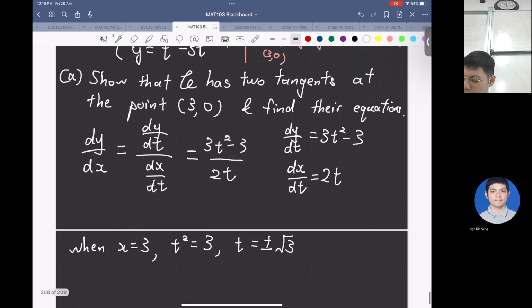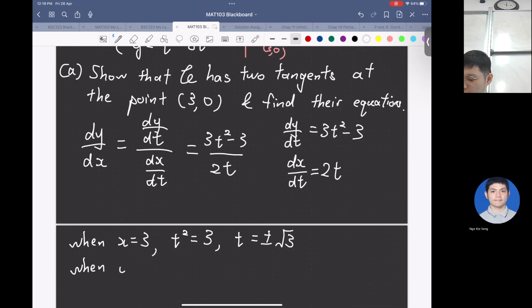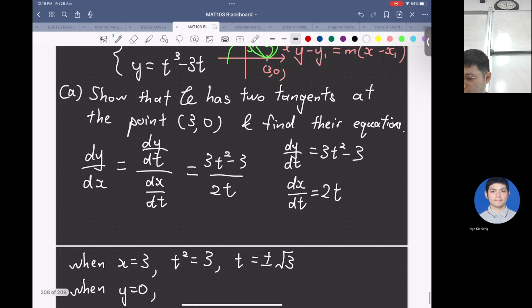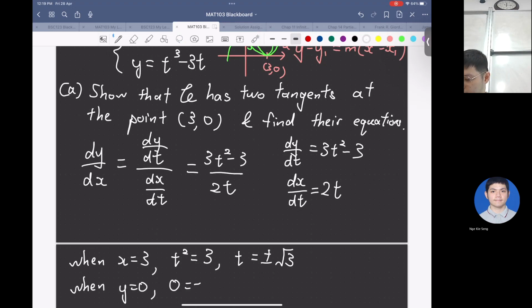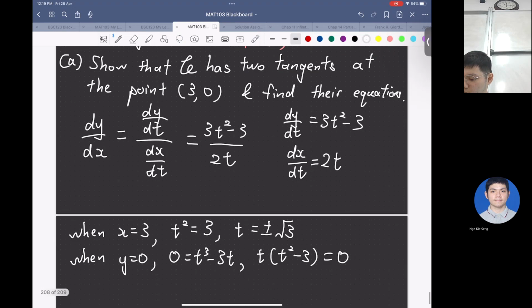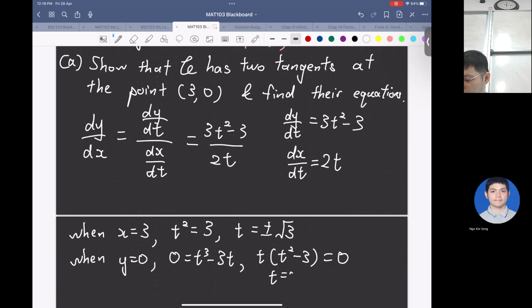And when y equals 0, what happened to our time? t times (t squared minus 3) equals 0, which is t equals 0, t equals plus and minus square root 3. So what does this time mean?